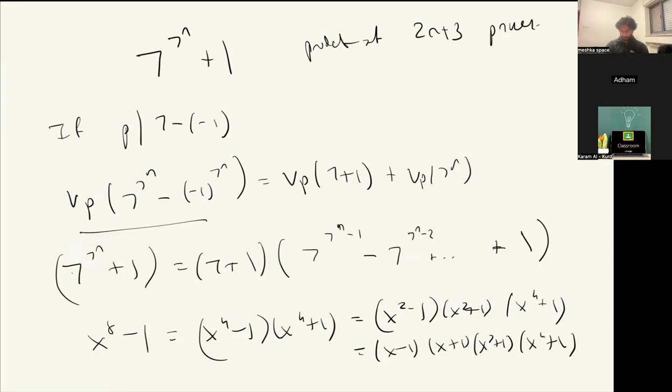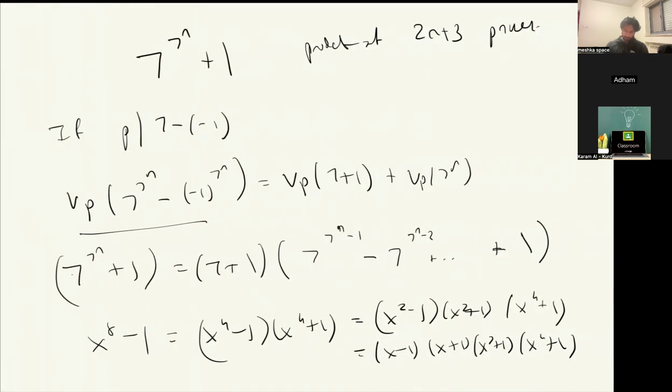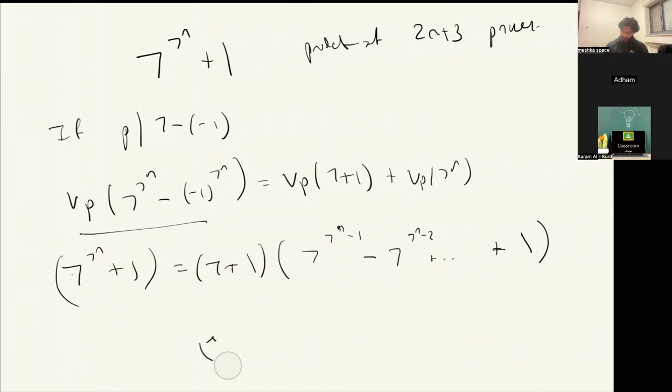So there's something similar you can do here. Maybe we take 7 to the 7 to the n plus 1. We take the 7 from 7 to the n, and it's equal to 7 to the 7 to the n minus 1 plus 1 times some integer, and we do the same thing with 7 to the 7 to the n minus 1 plus 1.